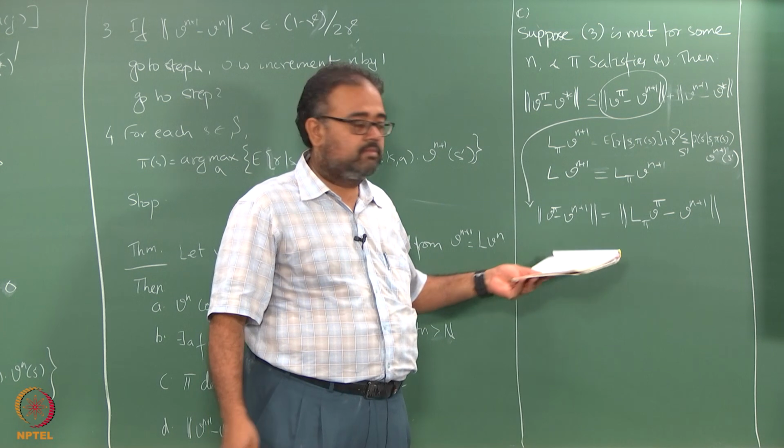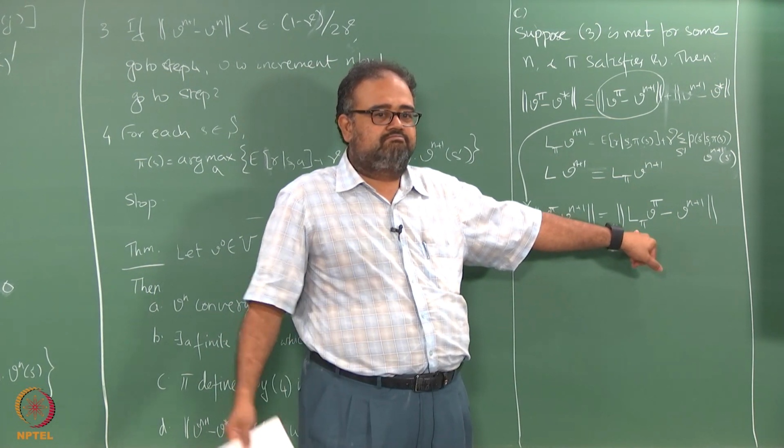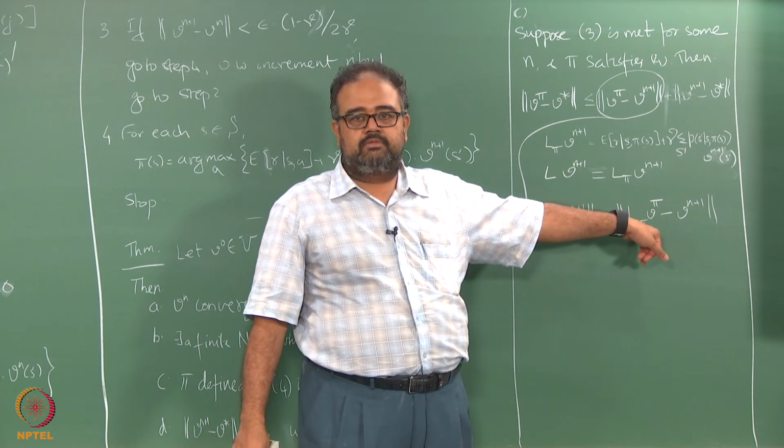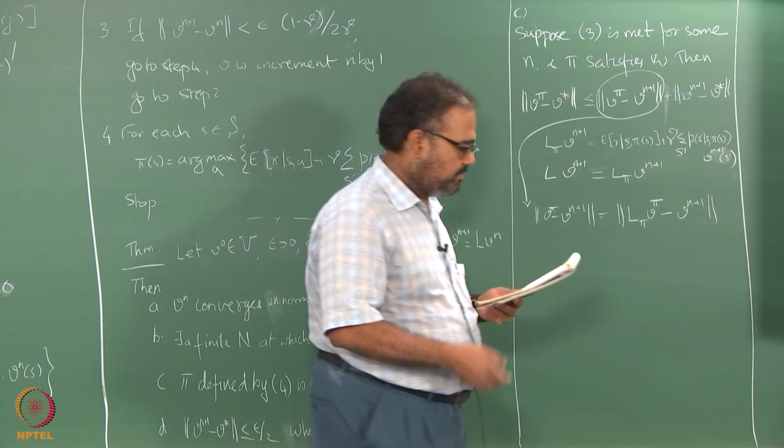I can replace V pi with L pi V pi. Why? V pi is a fixed point, so nothing will change. I can just replace it with L pi V pi.